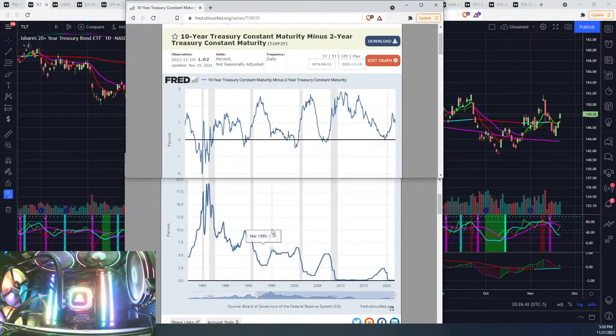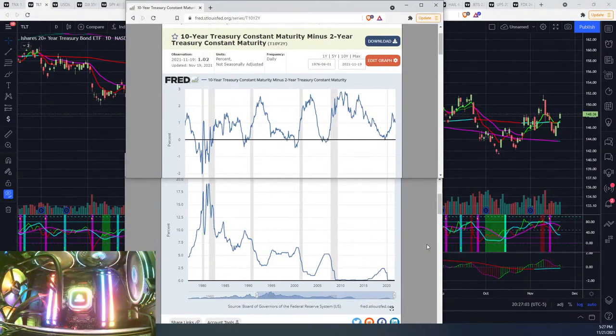And if this breaks out to the upside, that's going to change everything. Because if all of a sudden the interest rates on the short end of the curve start going up, what is that going to do? Well, if you're getting paid more interest on shorter term, people want to leave the long-term asset that they're in.